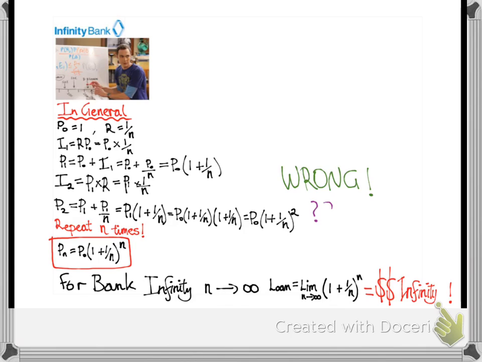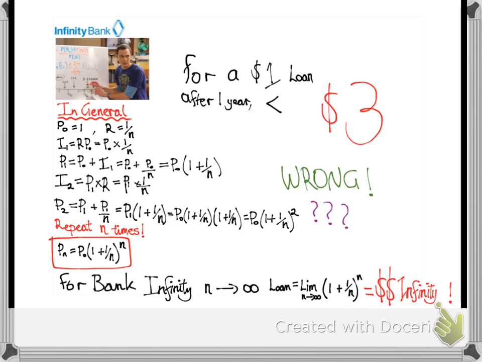How is that possible? Interesting thing, huh? For a dollar loan, after 1 year, even with an infinite amount of interest calculations, it's actually going to be less than $3 overall.